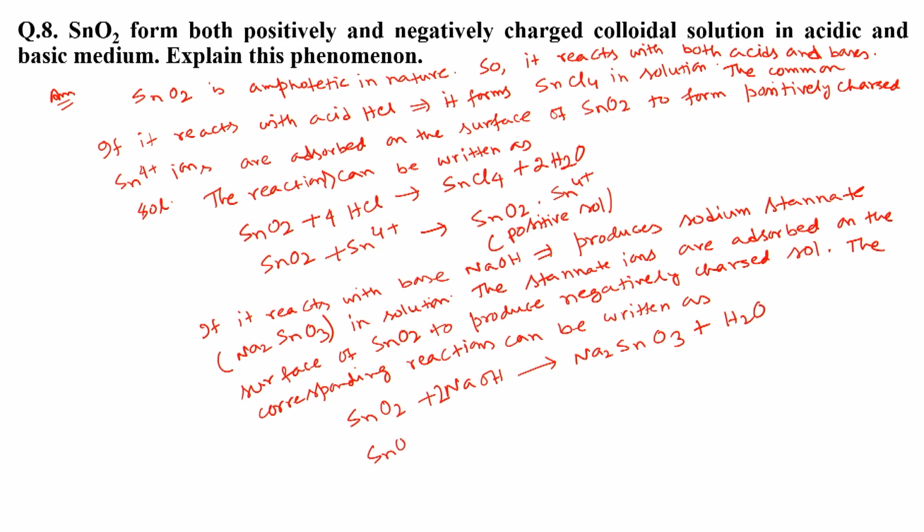Now the stannate ion is SnO3 2 minus, this is the standard ion. So it is adsorbed on SnO2, then SnO3 2 minus, so we get negative sol here.